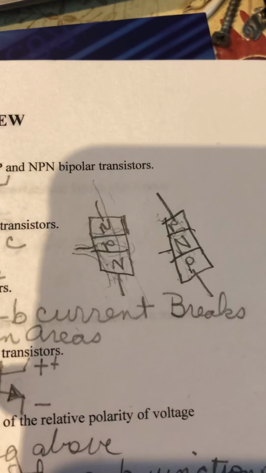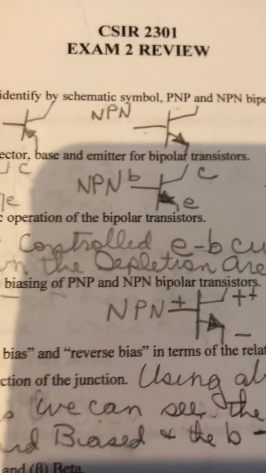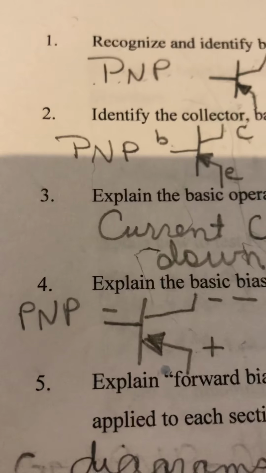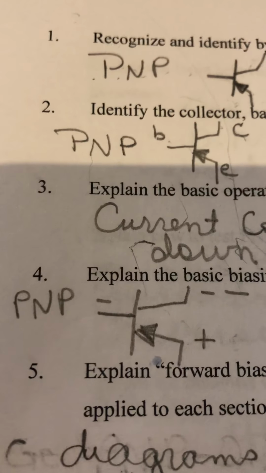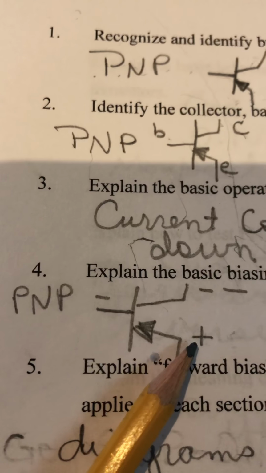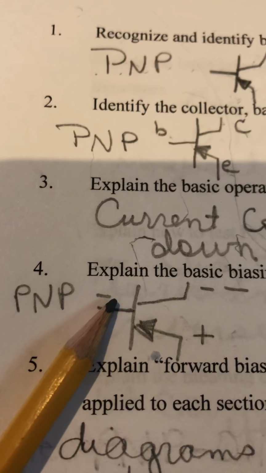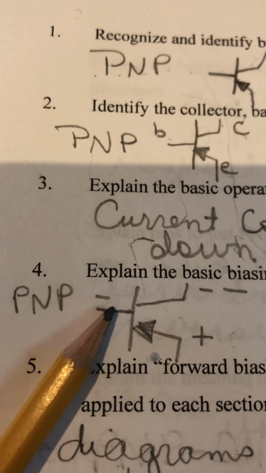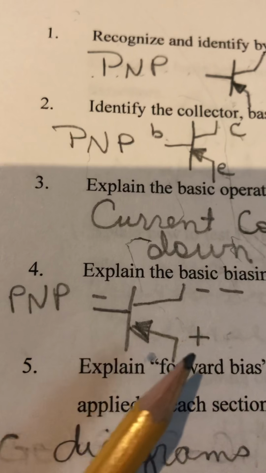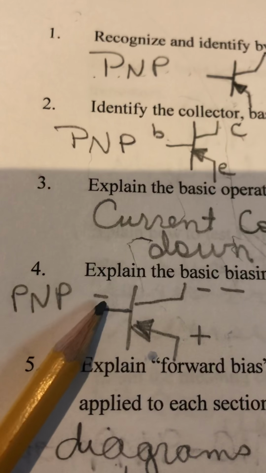Number 4, explain the basic biasing of the PNP and the NPN bipolar transistors. I have drawn the PNP. We have the positive on the emitter with a little bit of a negative here. That would be somewhere between 0.1 to 0.3 if it's germanium, or 0.5 to 0.7 if it's silicon.